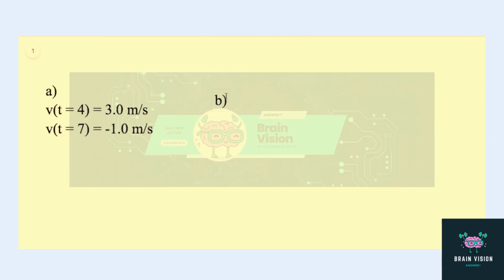So we know that acceleration is defined as the final velocity minus the initial velocity over time. Let's say that our time interval is 6 seconds. We'll go from 0 to 6.